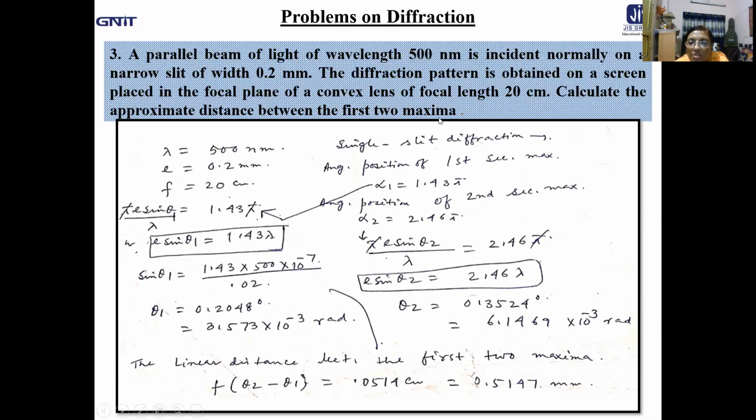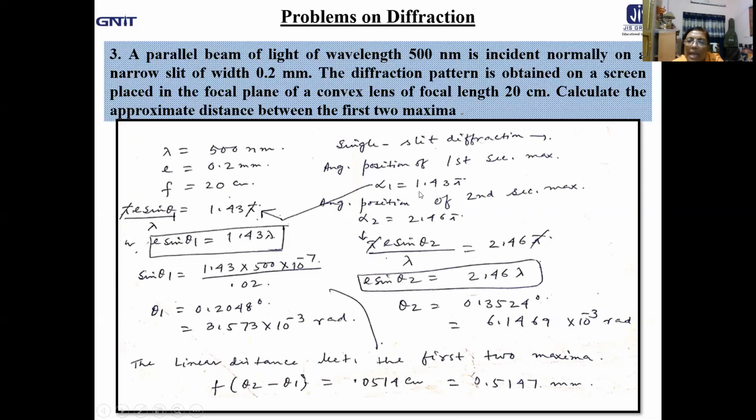So between the first two maxima, they are talking about the first secondary maxima and the second secondary maxima. So the data supplied is lambda equal to 500 nanometer, small e equal to 0.2 millimeter, and f equal to 20 centimeter.